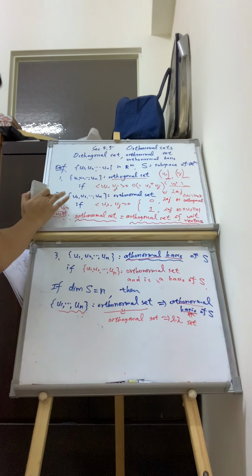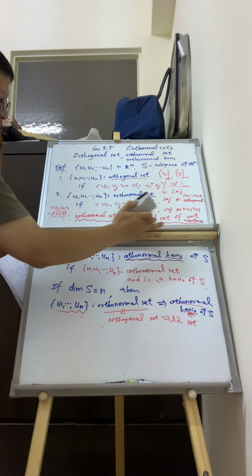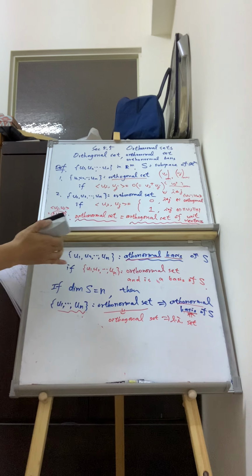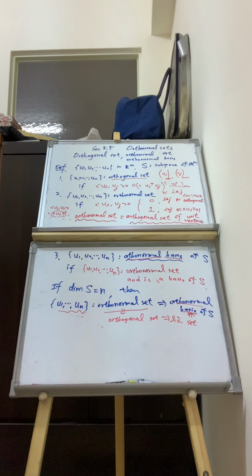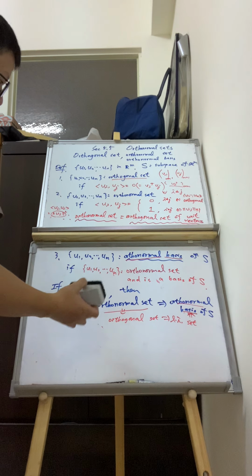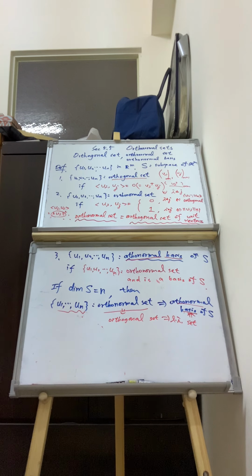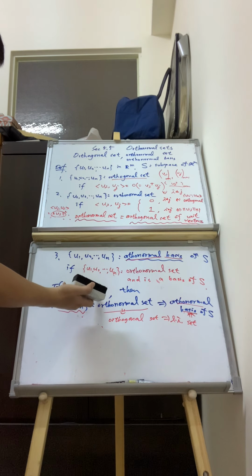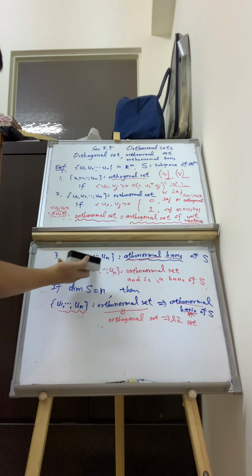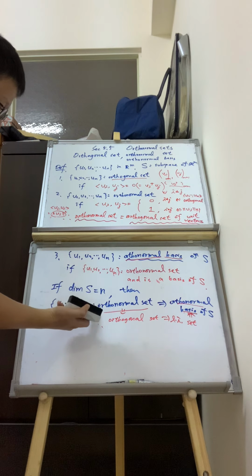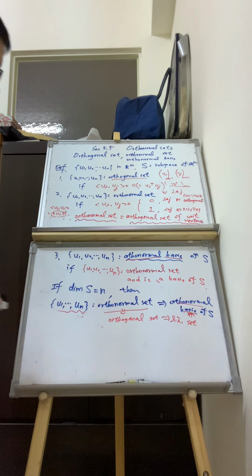An orthonormal set means an orthogonal set whose vectors all have length 1, that is, they are all unit vectors. An orthonormal basis of a subspace S means it's an orthonormal set and also a basis. If the subspace S has dimension n, and we have n vectors forming an orthonormal set, then it must be an orthonormal basis.